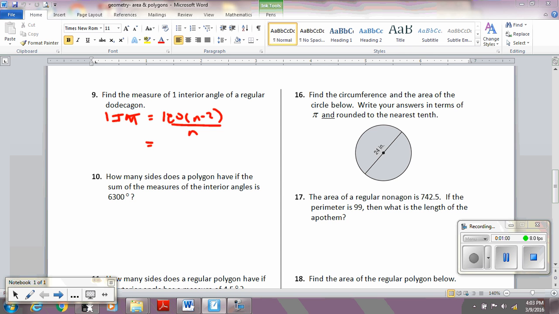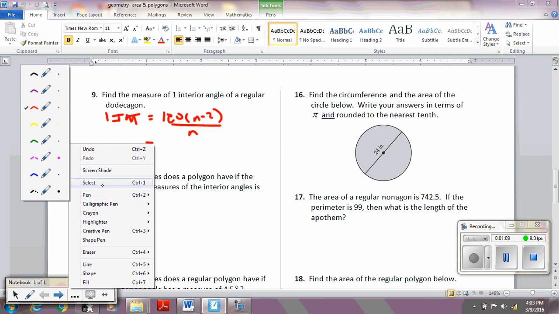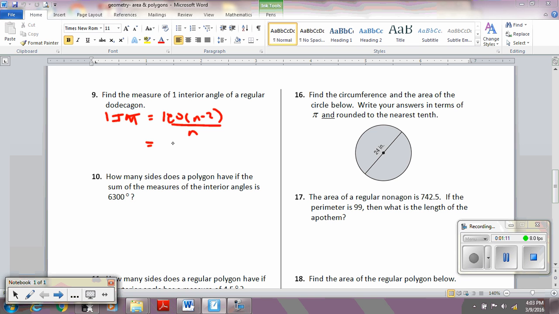N stands for the number of sides that the figure has. So since it's a dodecagon, I just mentioned, it has 11 sides. So it would be 180 times 11 minus 2, divided by 11.